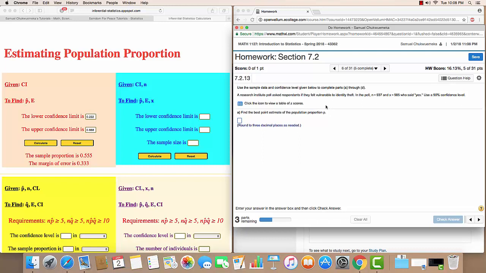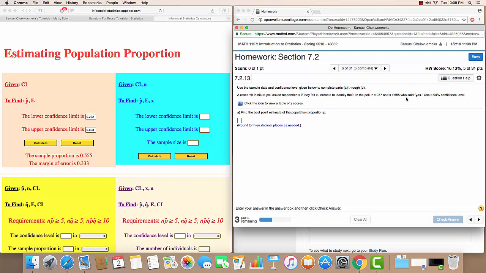A research institute poll asked respondents if they felt vulnerable to identity theft. In the poll, the sample size is 937 people, and the number of individuals with the specified characteristic is 585 people.